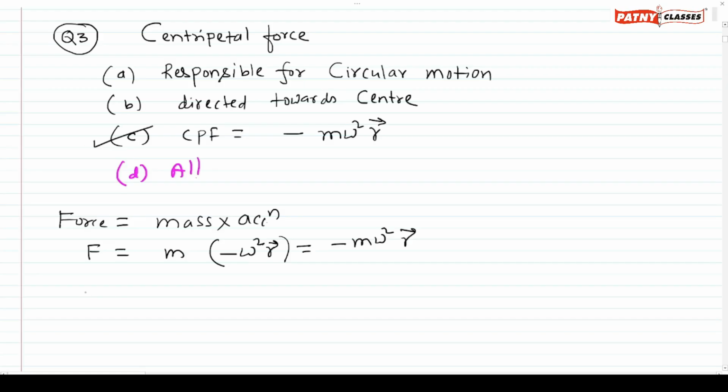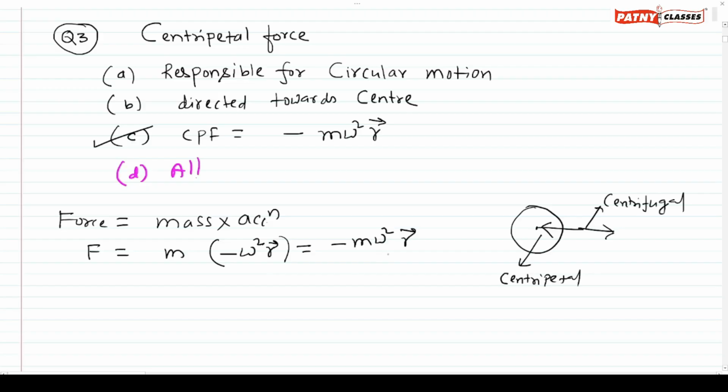Now, regarding centripetal force, there are two forces acting in circular motion. One is toward the center, another is away from the center. The one toward the center is called centripetal, and the force away from the center is called centrifugal.